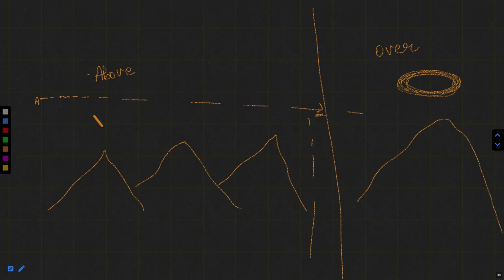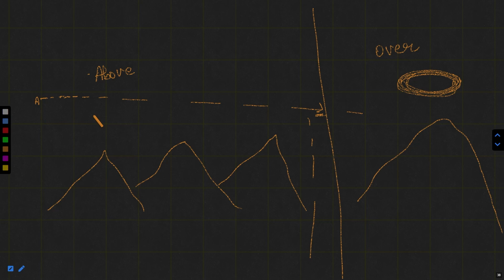So there we use the preposition over. If it does not cross the surface, we use over, and if it crosses the surface, we use above. For example, if a drone is there, it will fly over the particular area of which it has to capture the images.